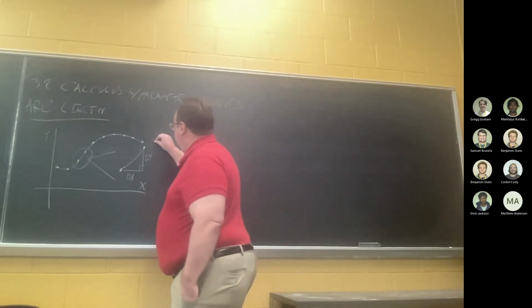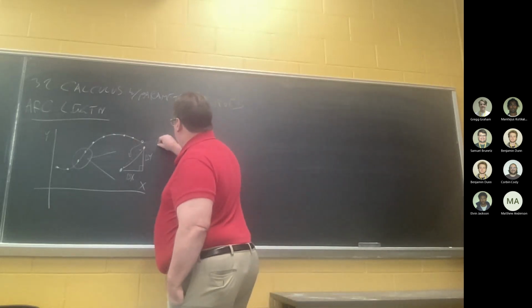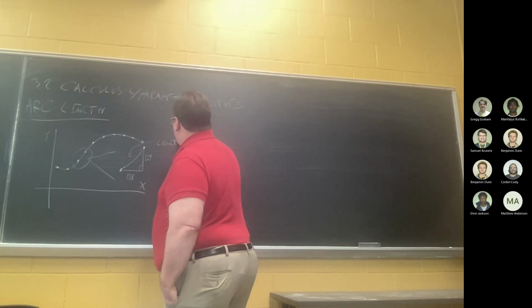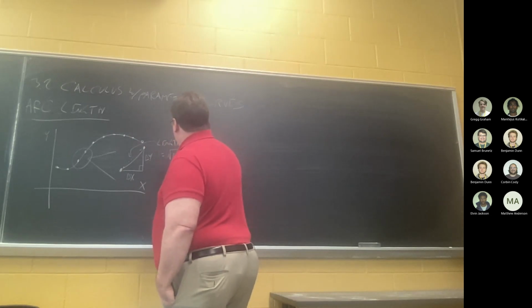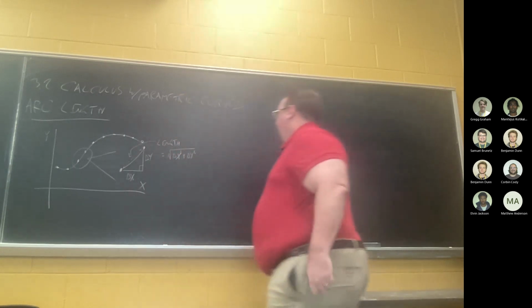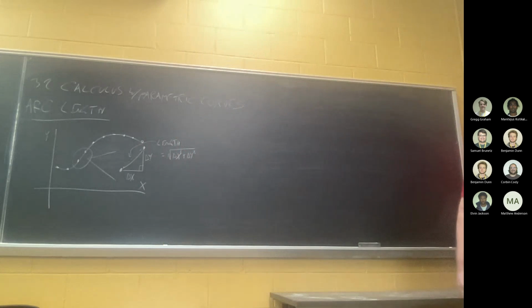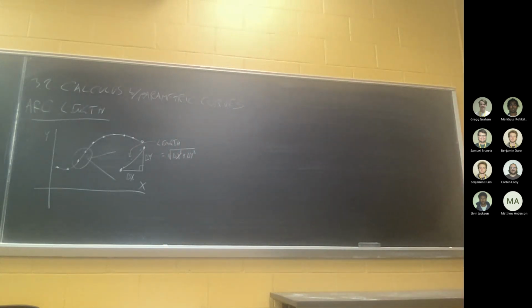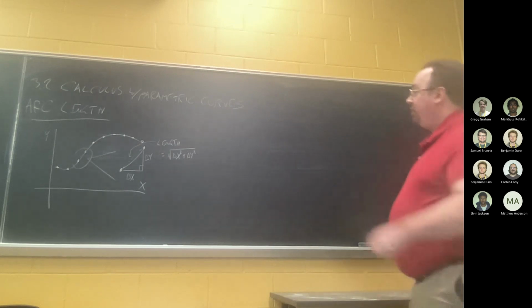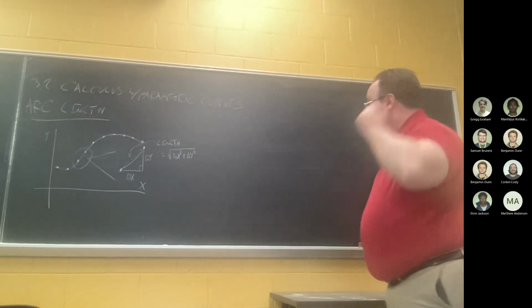So the length of this segment is equal to the square root of delta x squared plus delta y squared. This is the basis for the formulas for arc length of a curve.